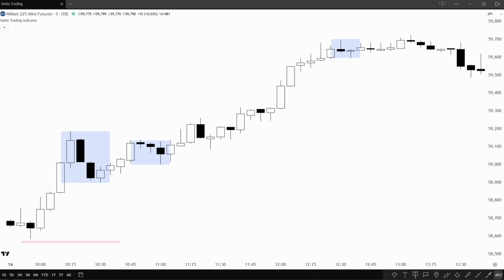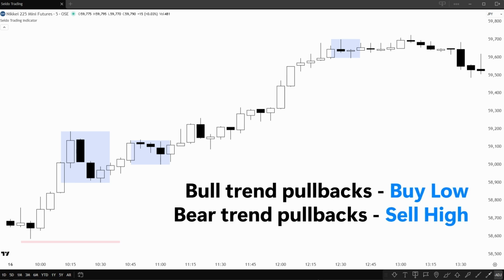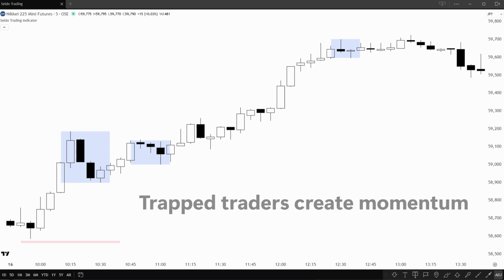The reason consolidation patterns are so powerful in response to recent momentum is how traders are responding. It's the trapped traders dynamic and the psychology of 3 groups of market participants. So let's break those down.